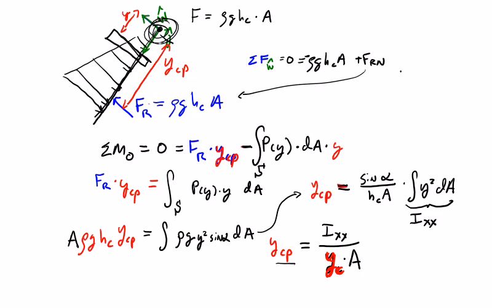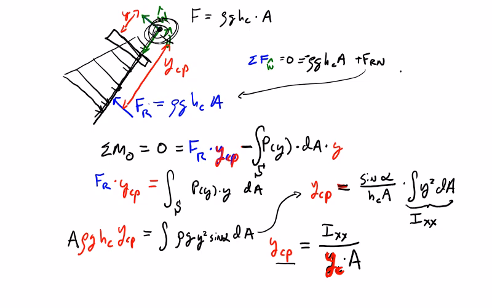Now it's important to realize that the ycp, the center of pressure, is deeper than yc. Why is that? The force, the resultant force, is going to act at a lower value, all right, than the centroid, because pressure gets deeper as I go along.